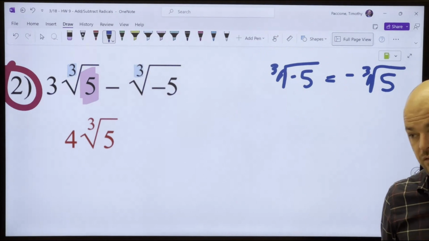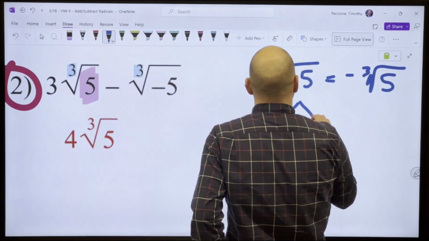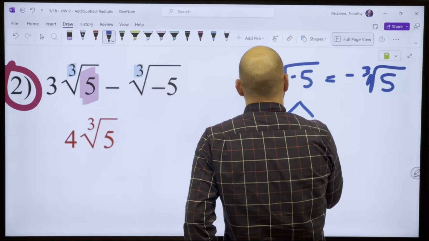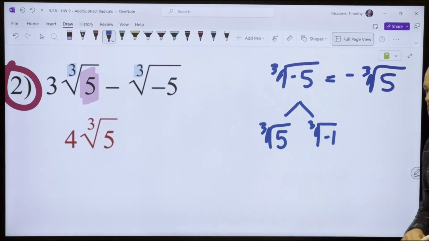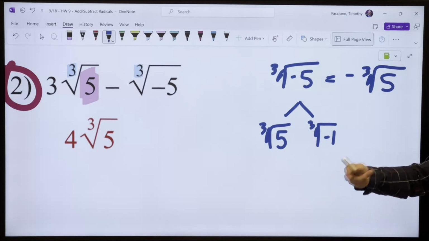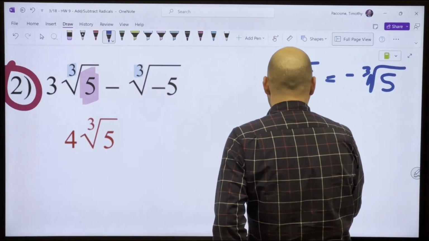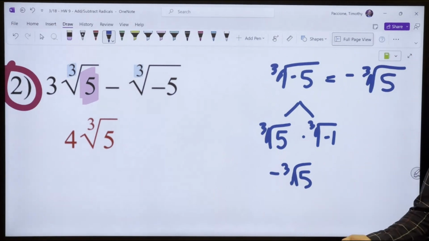You can always pull a negative out of an odd root. The reason is, if you pull this apart, it's the third root of 5 times the third root of negative 1. The third root of negative 1 you can do. It is negative 1. Negative 1 times negative 1 times negative 1, right? So that's negative third root of 5, right? So you can do that, okay?